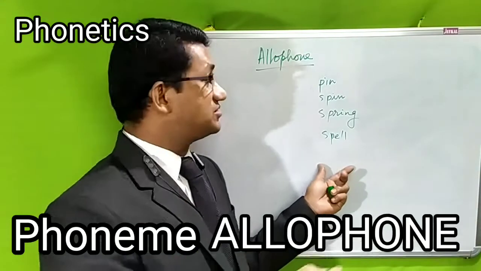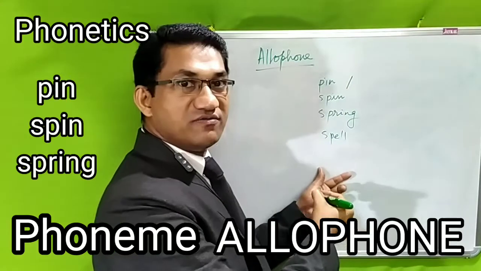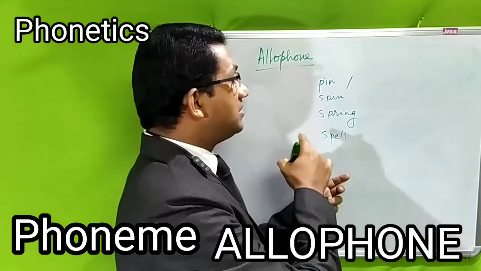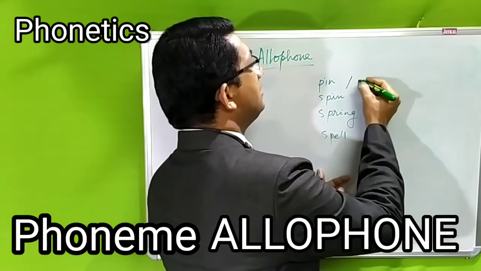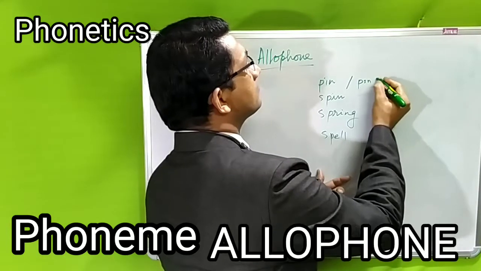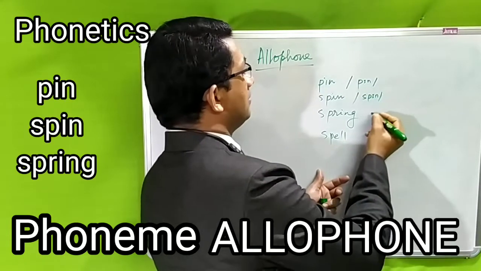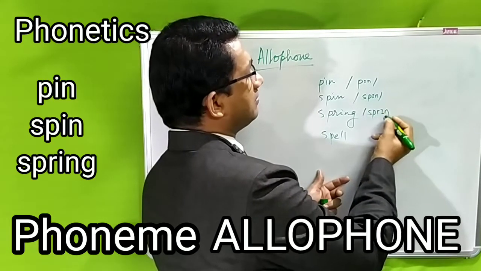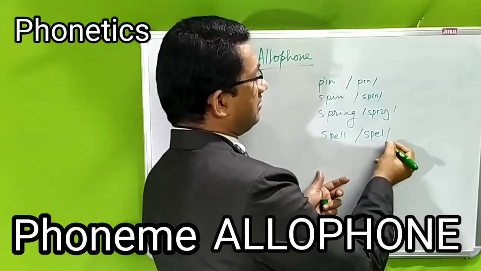But when we look at the very way each of these words is articulated, we understand that the p in each is different. Say we have pin, we have spin, we have spring, of course we have spell.